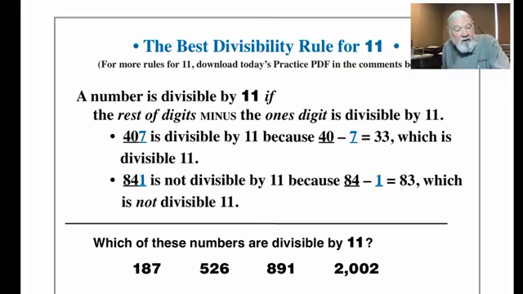About 891, well, again, it's probably not immediately obvious that that's divisible by 11 until you subtract the ones digit from what's in front. 89 minus 1 is 88, boom, that's divisible by 11. And finally, 2002. I can do that one on the whiteboard.